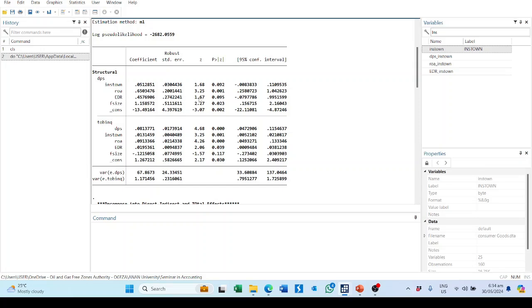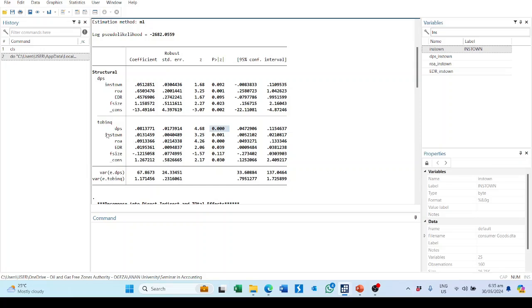Equity to debt ratio is positive, but insignificant. The effect of firm size is significant at 5% and is positive. And the effect of dividend per share on Tobin's Q is highly significant at less than 0.001.